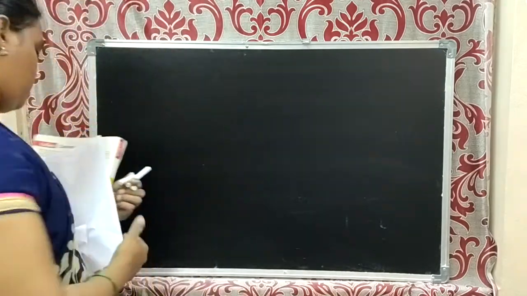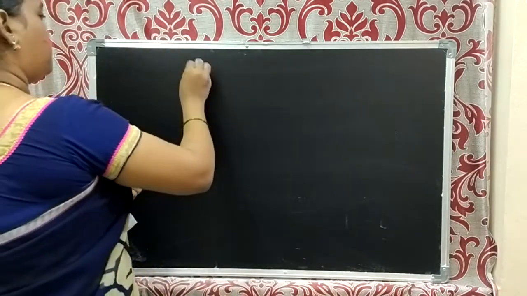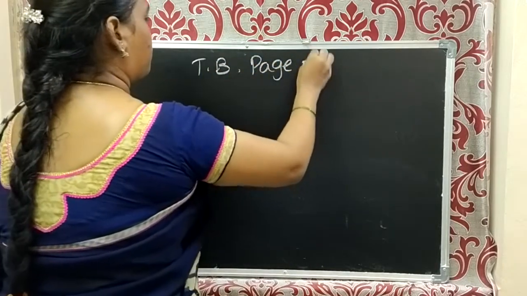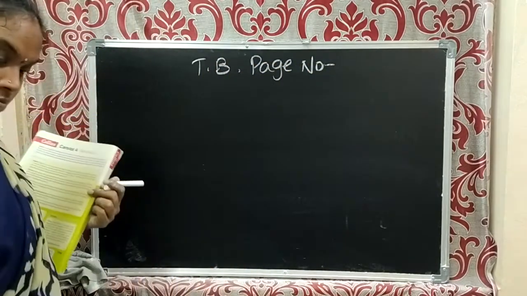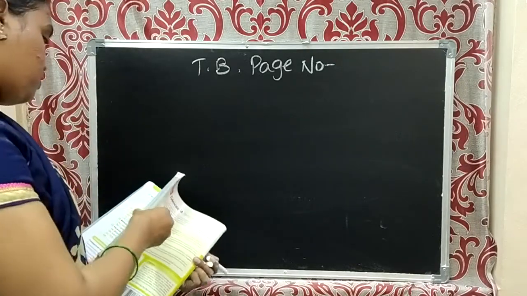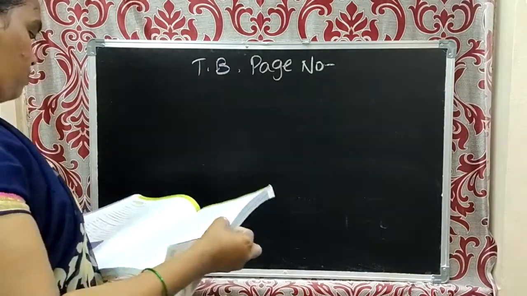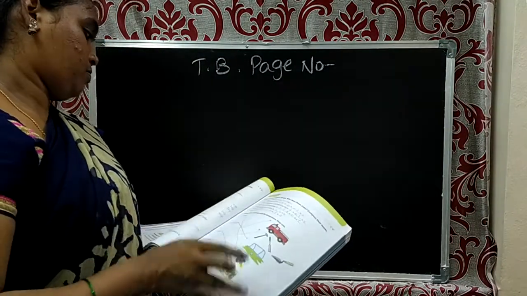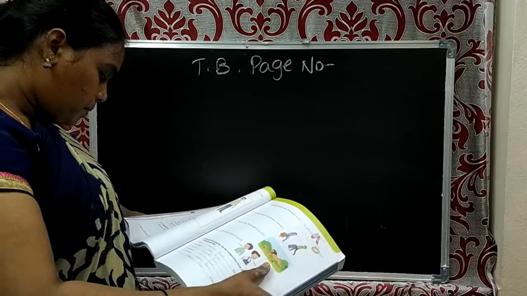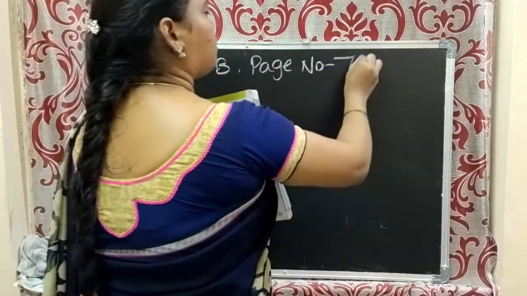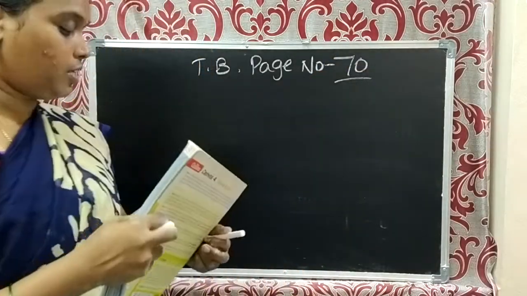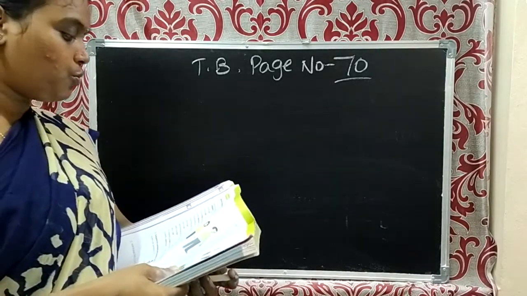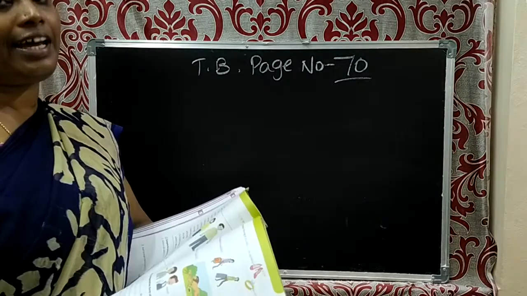Textbook page number 70, dear. What is the page number here? 70. See, when we compare two things or people, we use a comparative form of the adjective.